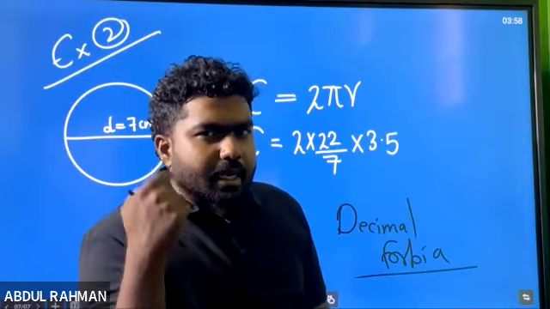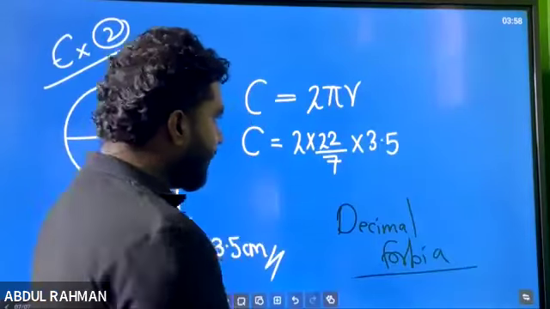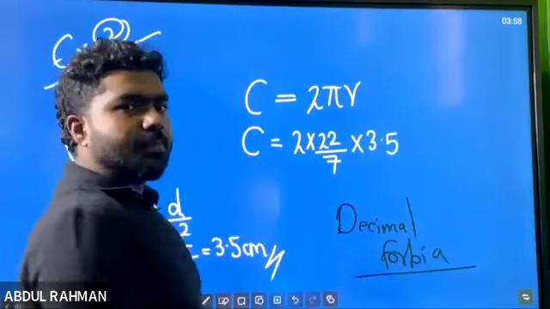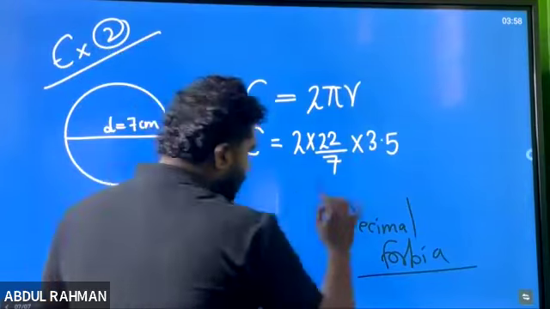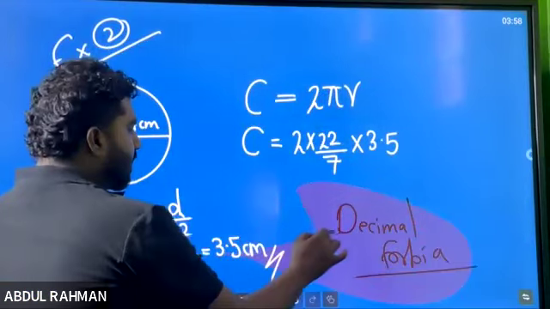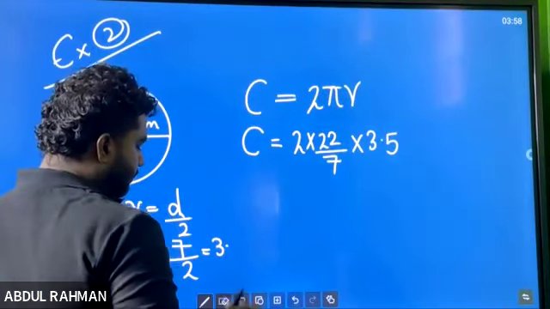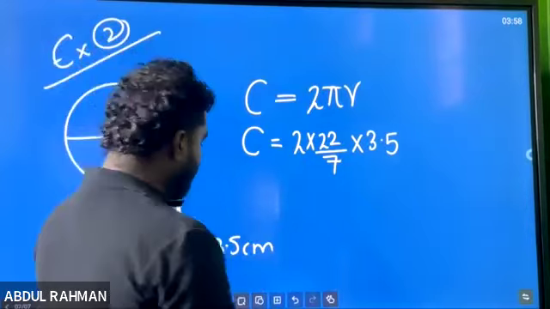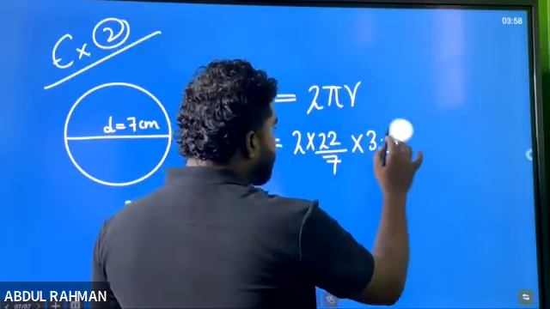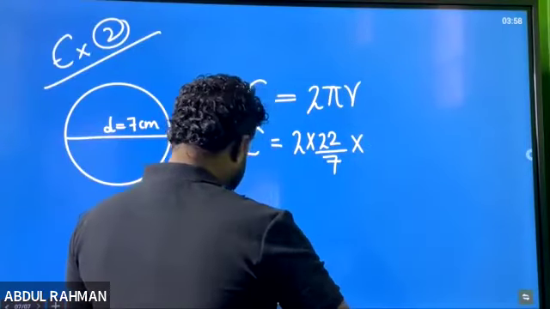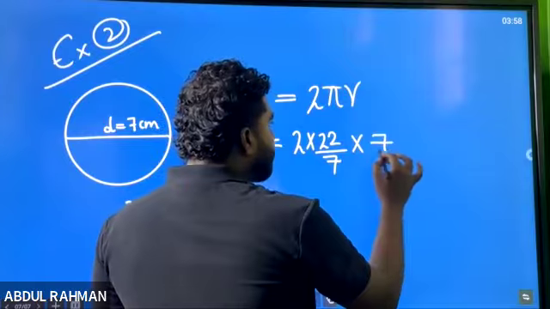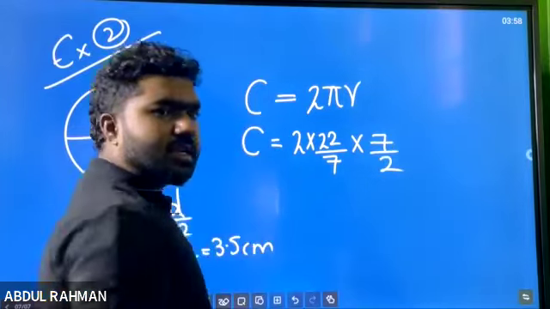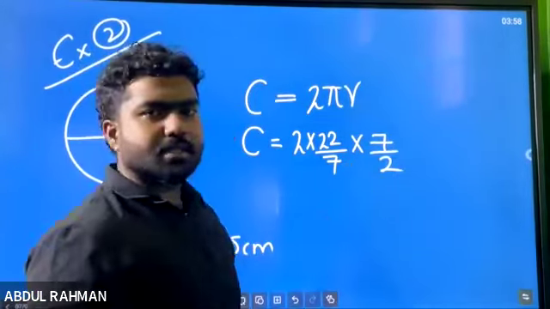So I'm going to act a little bit smart here. Instead of writing 3.5, I know I can replace this by 7 divided by 2. Correct? 7 divided by 2 is the radius.